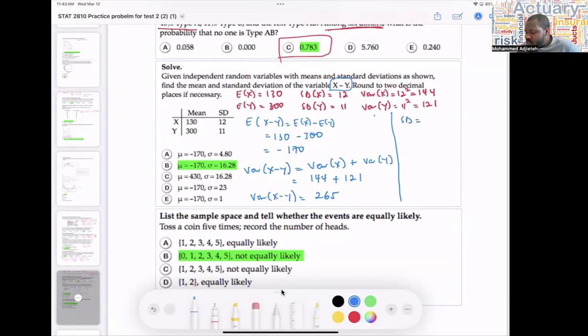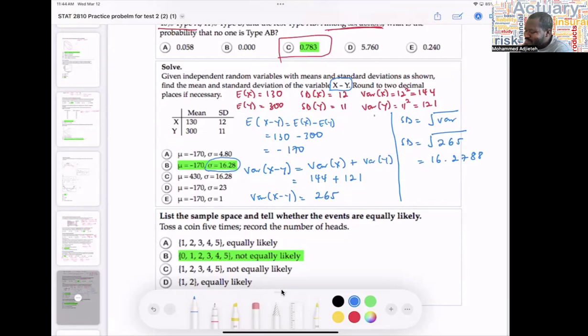So SD is always the square root of the variance. SD is equal to the square root of 265, and so that is 16.2788. So 16.28.